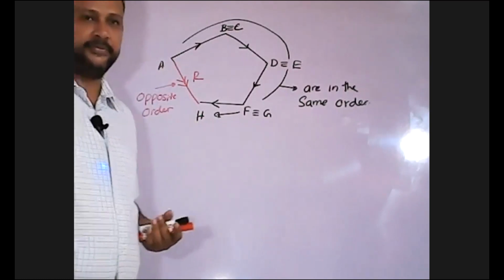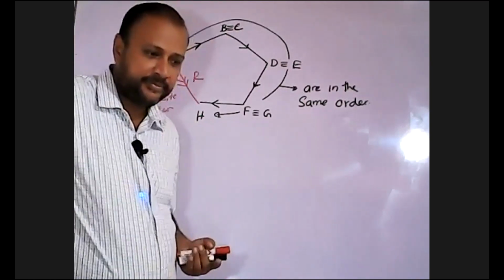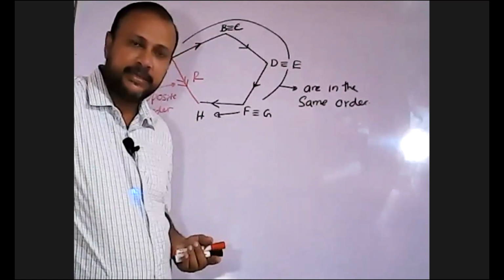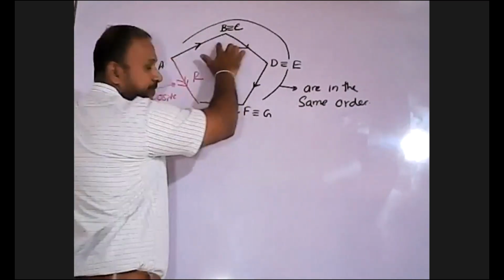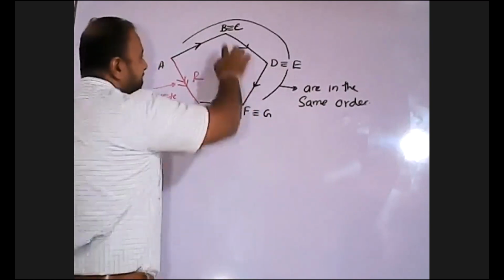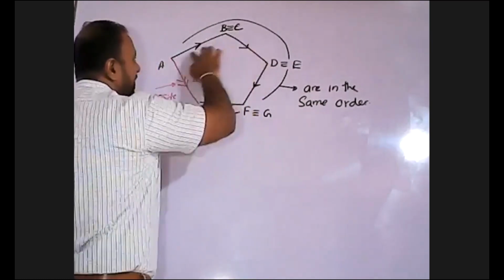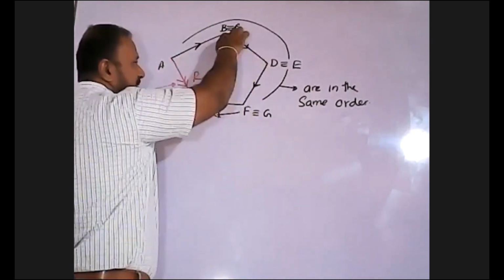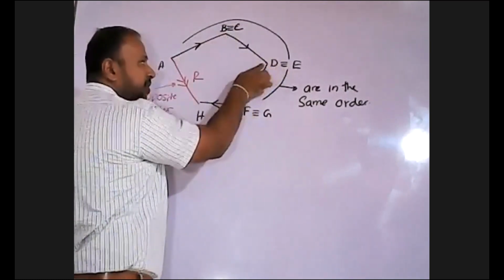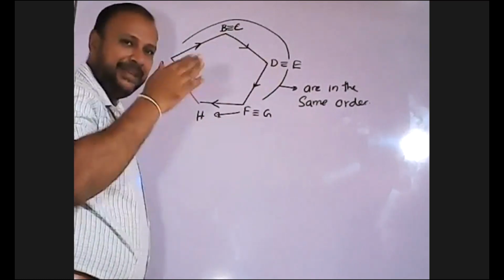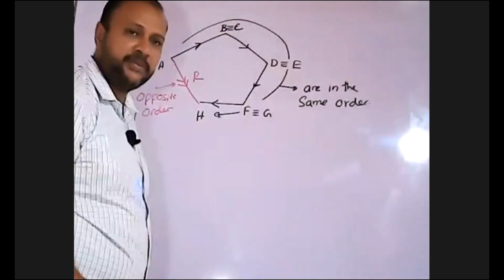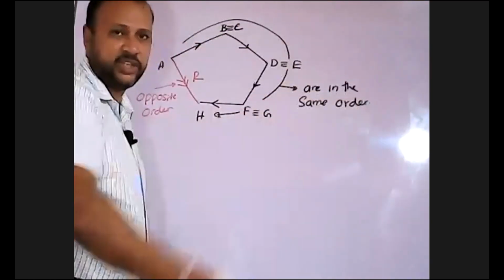Is there a difference between the direction and order? Yes, definitely. Direction is the direction of a vector, one certain direction.